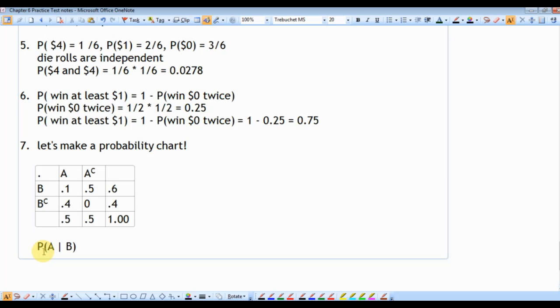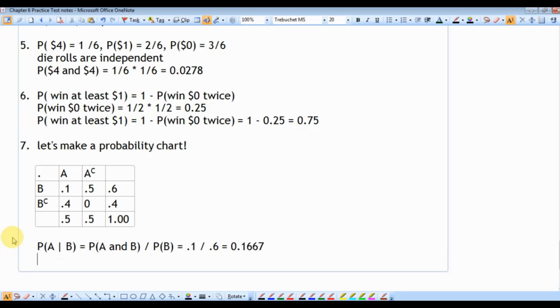So we can go back to our formula: probability of A and B divided by the probability of B. A and B is 0.1, divided by the probability of B, which is 0.6. That gives you 0.1667.